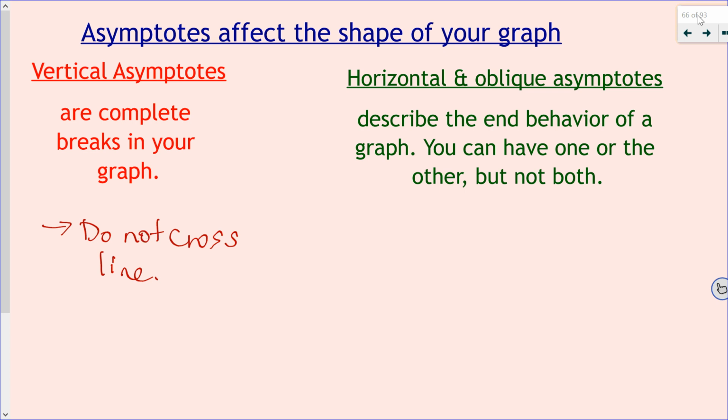It could go along obliquely, or really any linear equation of a line. So this gives us other options for end behavior besides just going up to infinity or down to negative infinity. And that's what asymptotes do, is they either provide do not cross lines or they describe the end behavior of the graph. Any questions on that?